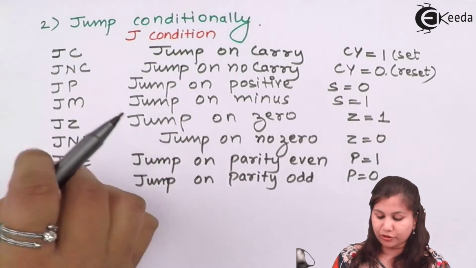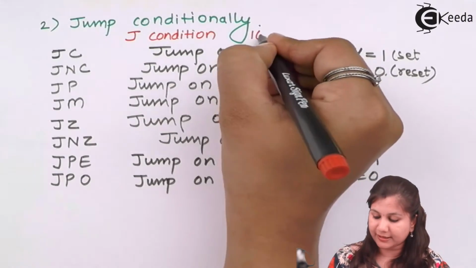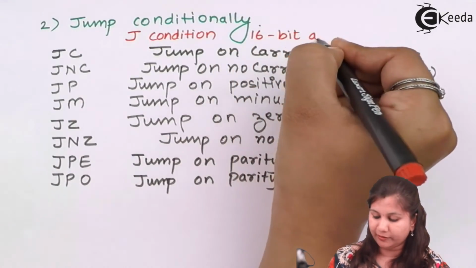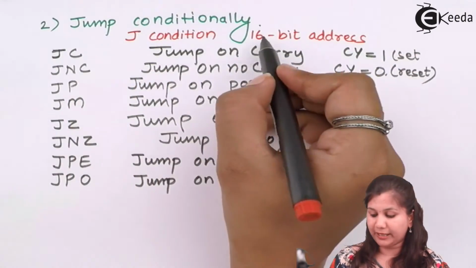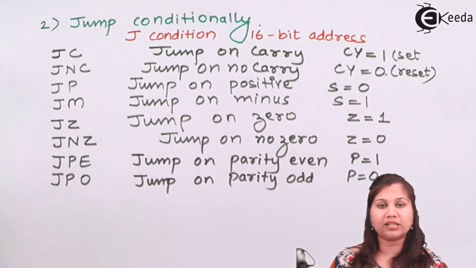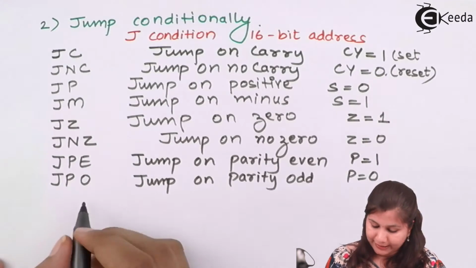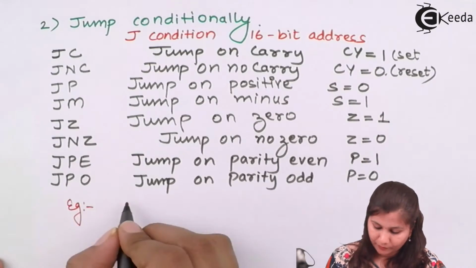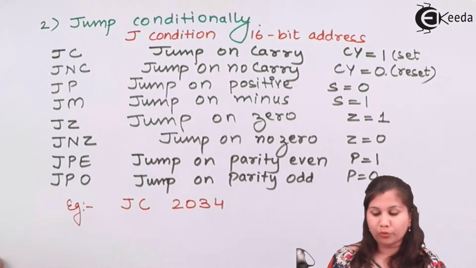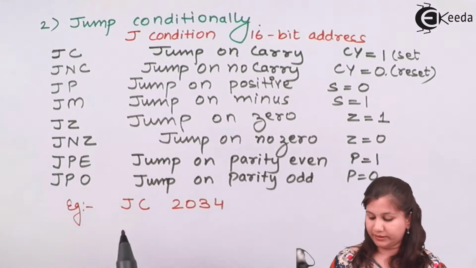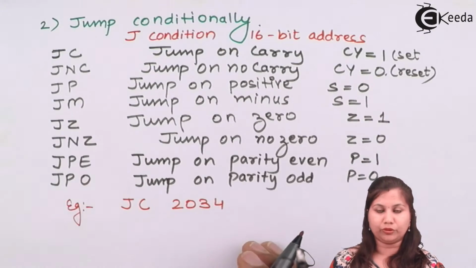So J will be written, then the condition will be specified, and then the 16-bit address will be written. Example of this is jump on carry 2034. So when the carry flag is set to 1, then it is going to jump to the memory location 2034.